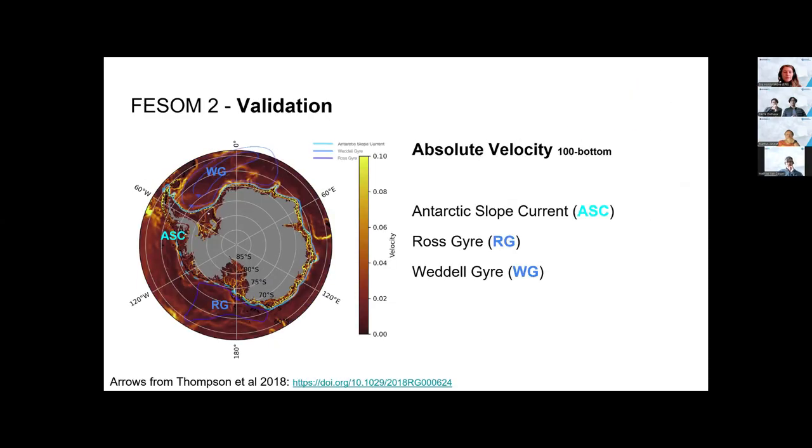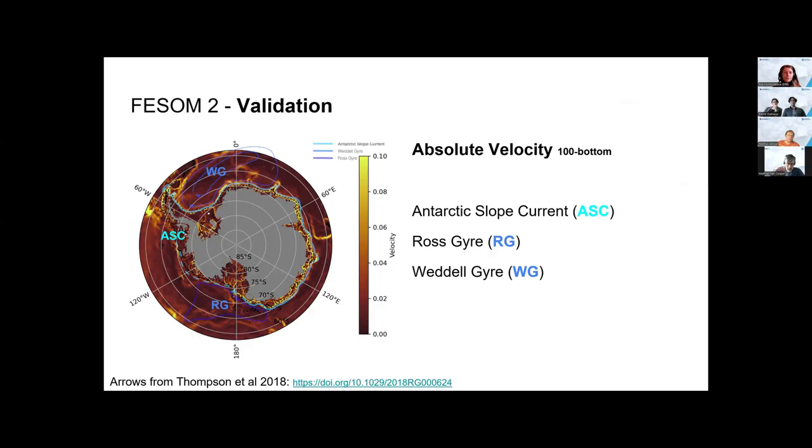Next one. As in all model studies, the first step is to check if the model is performing well. So we did a thorough validation of the model results. Here I'm just showing an example based on the velocities. On the left, you see the figure of the ocean velocities integrated from 100 meters down to the bottom.